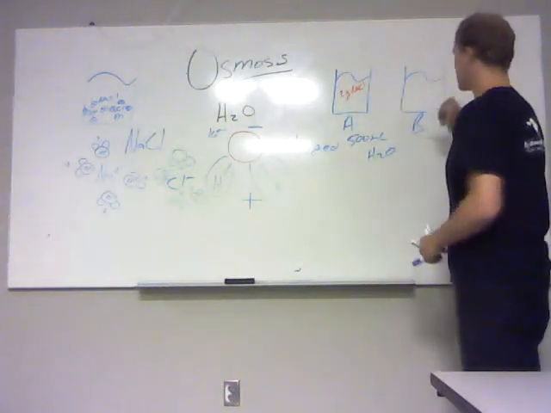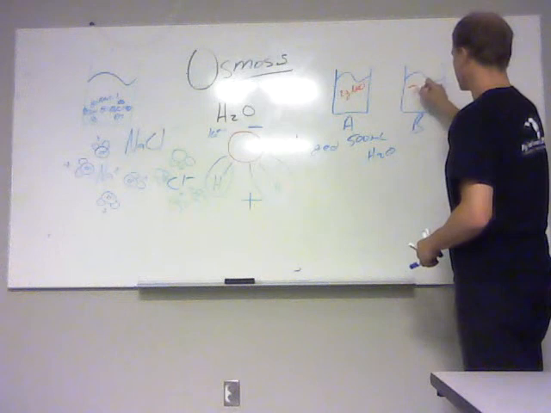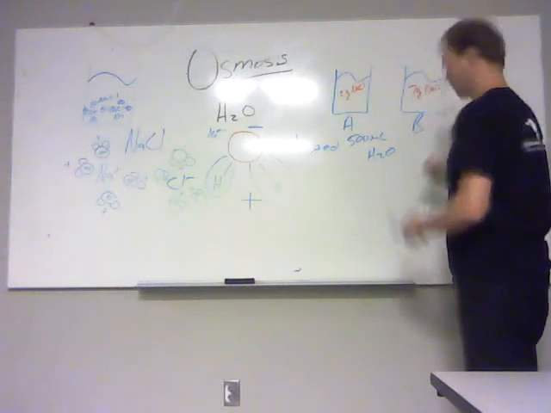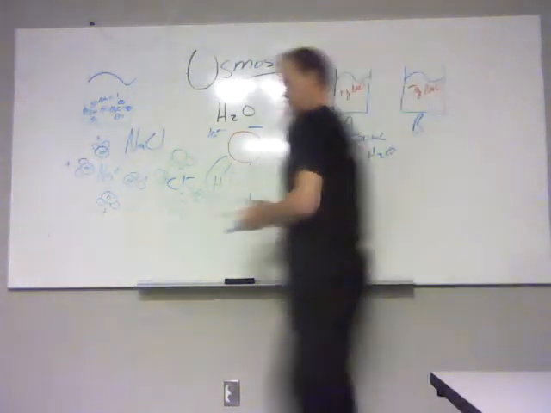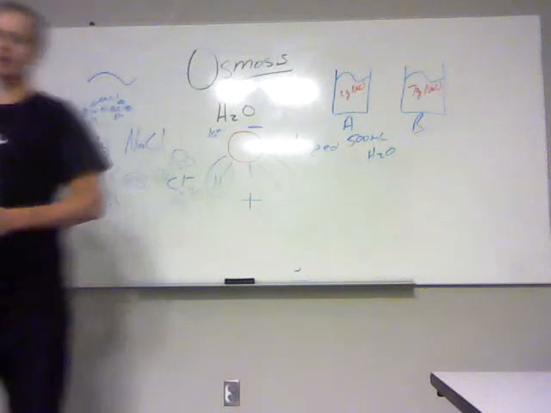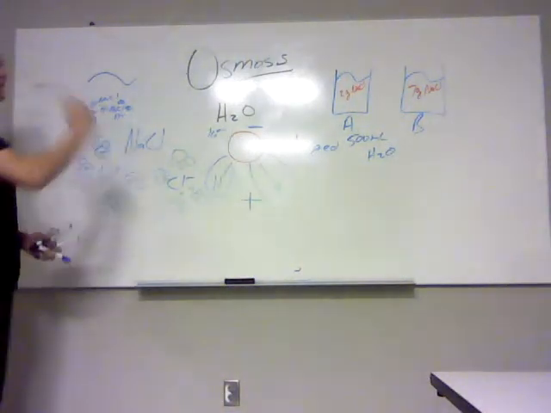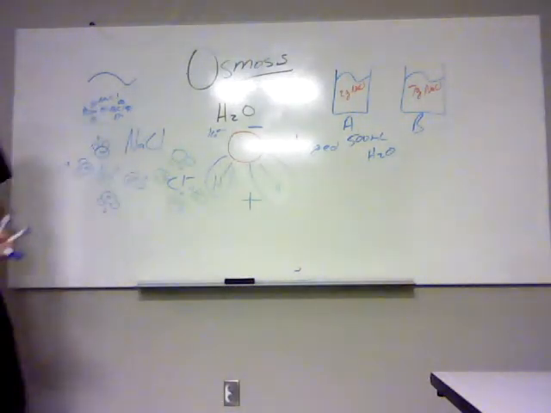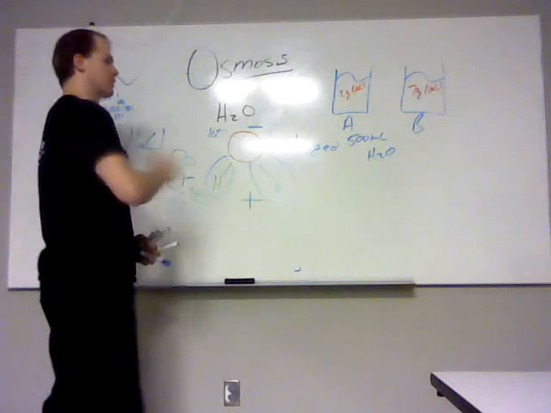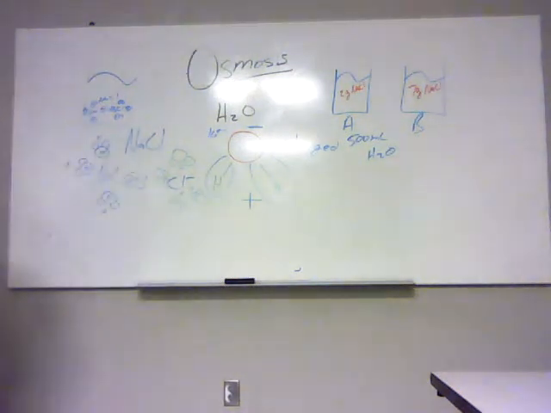And in beaker B, I put in 7 grams of sodium chloride. Which beaker is going to have less water in it? Take a second to think about that based on everything we just discussed.